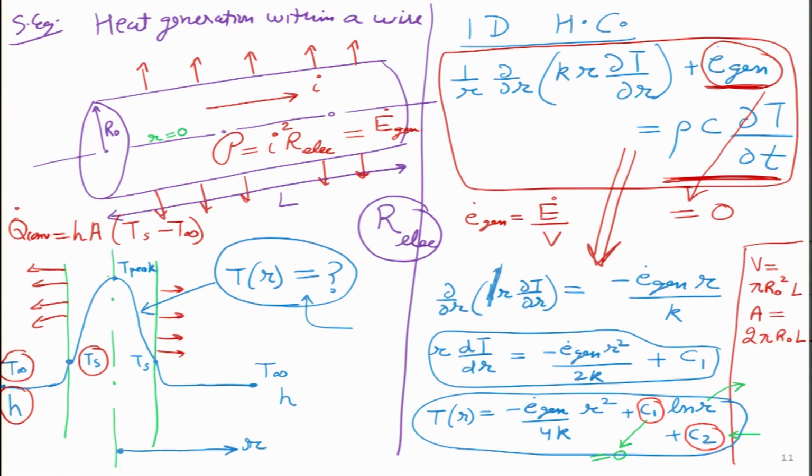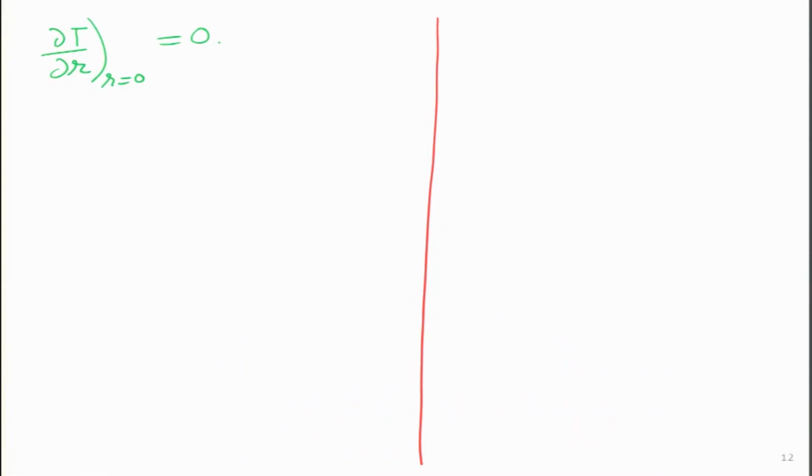We will say that del T by del r at r equals 0 is 0. What does it actually mean? It means that the slope at this particular point is a horizontal line, and a horizontal line has a slope of 0, right.